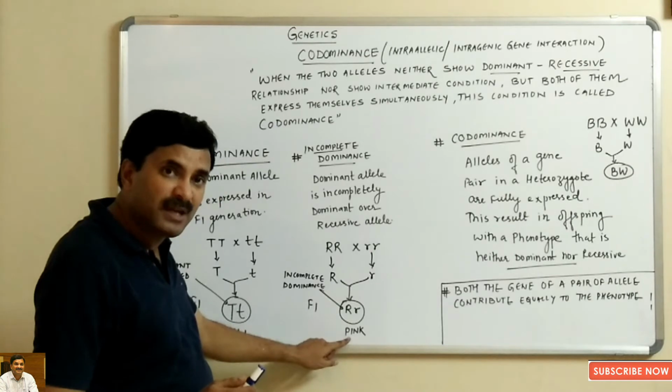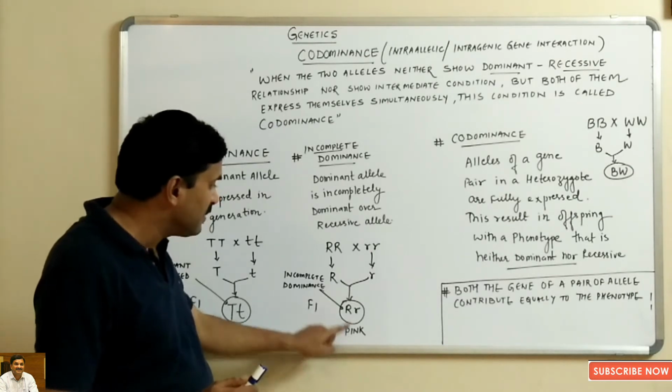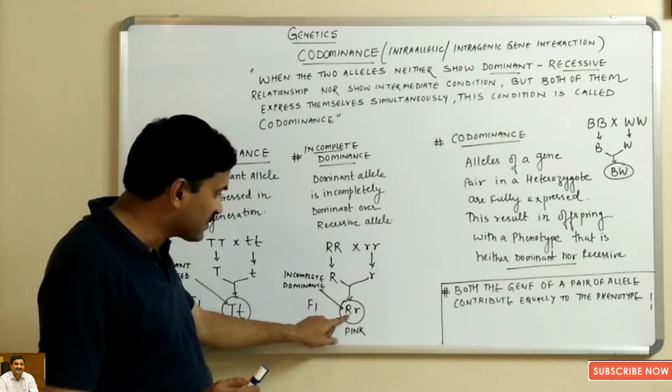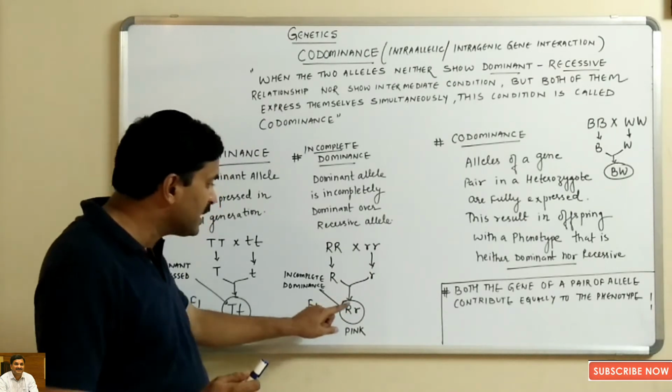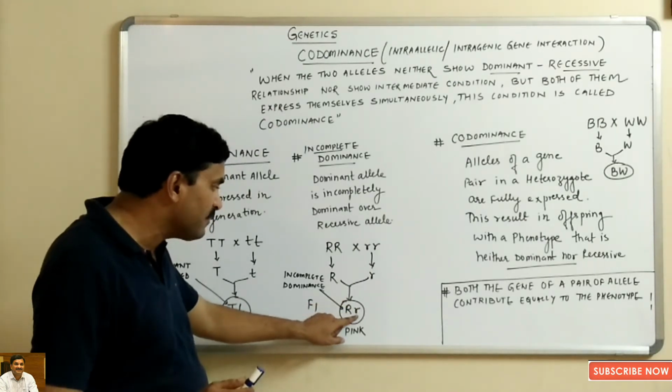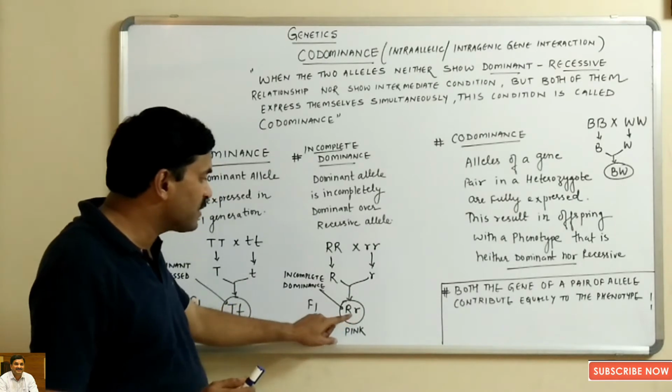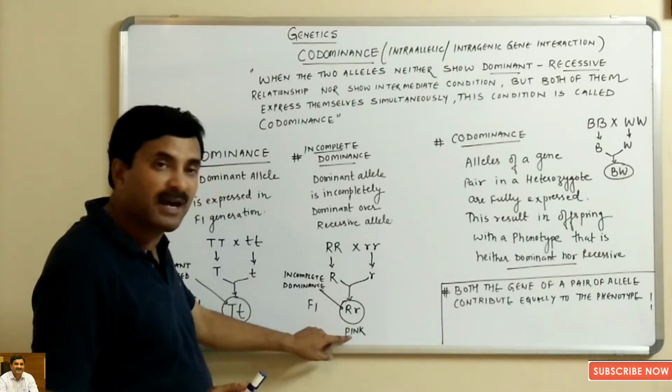What was the conclusion from this cross? That the capital R, the dominant allele, is incompletely dominant over the small r, and that's why we got an intermediate color in the F1 generation.